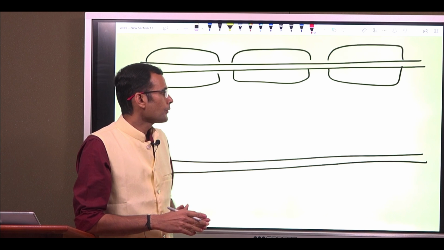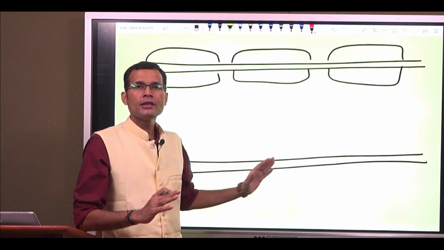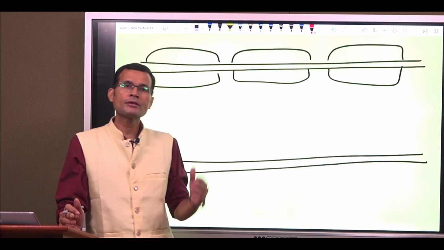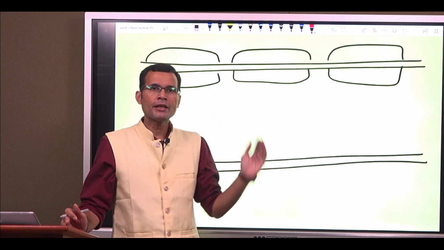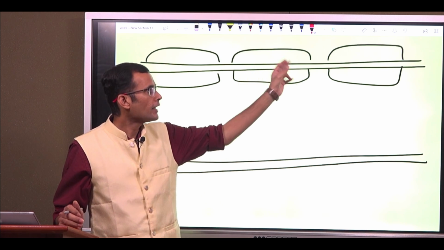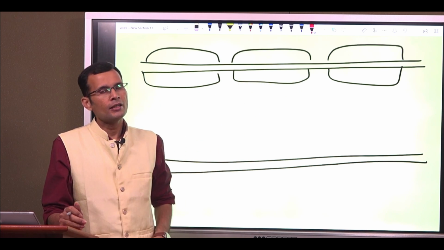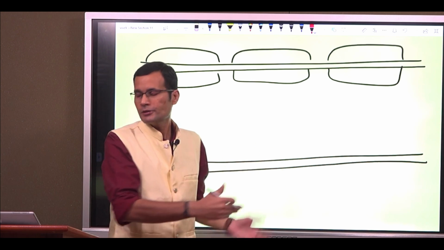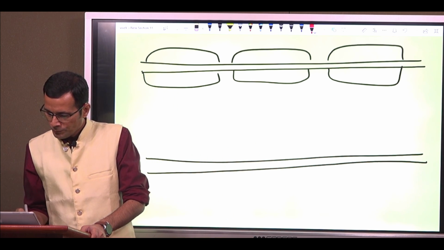First point, in the case of unmyelinated nerve fibers, the C fiber type, you know there are types of nerve fibers: A alpha, A beta, A gamma, A delta, B and C. A and B fibers are myelinated and C fiber is unmyelinated. How is the impulse conducted through this fiber type?